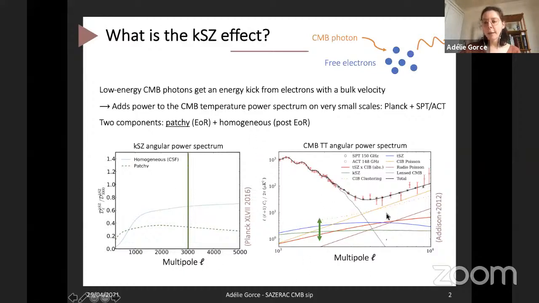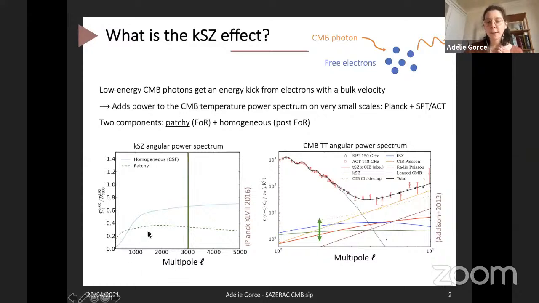You're going to add power in the temperature CMB power spectrum with the KZ effect. There are 2 contributions: the late time KZ, which is what Gabriela was talking about, and the patchy KZ that comes from the scattering of CMB photons off ionized bubbles along the line of sight during reionization. And that's what we're interested in today.